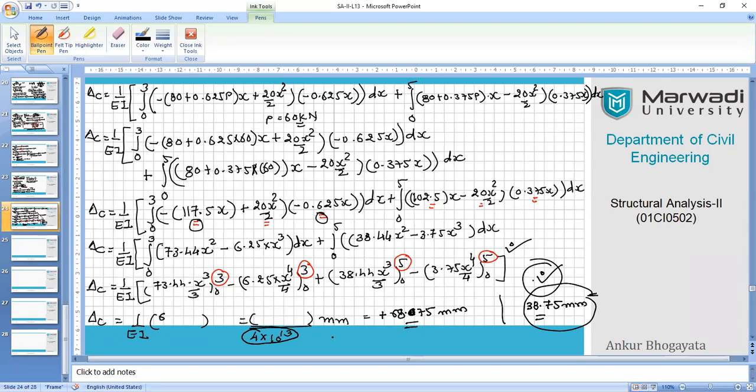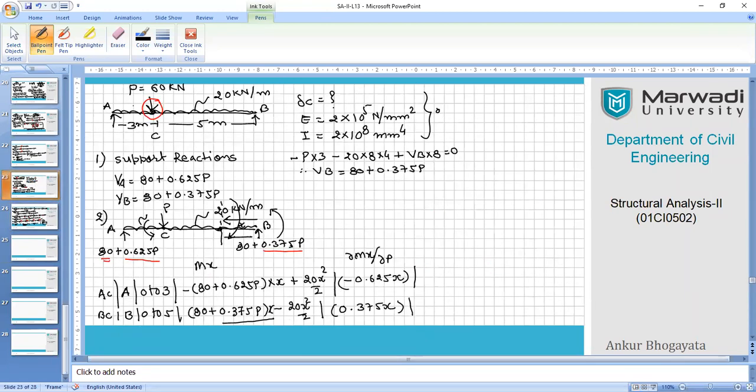If you want to calculate slope at point A or slope at point C or at any point, you just need to apply a fictitious moment. Let me explain it roughly over here for your guidance, and you can try it also as part of your practice.